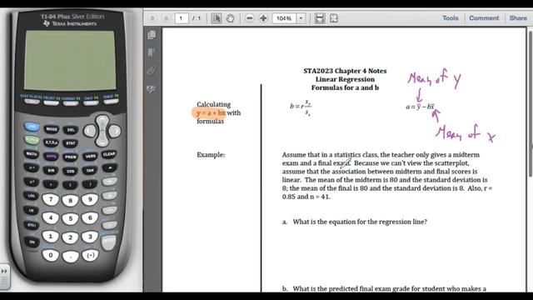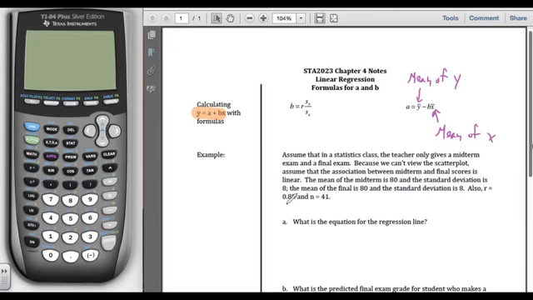It says, assume that in a stats class, the teacher only gives a midterm exam and a final exam. Those are the only grades in the class. Because we can't view the scatter plot, we're going to assume that the association between midterm and final exam scores is linear. We know that the mean of the midterm is 80 and the standard deviation is 8. For the final, the mean is also 80 and the standard deviation is also 8.